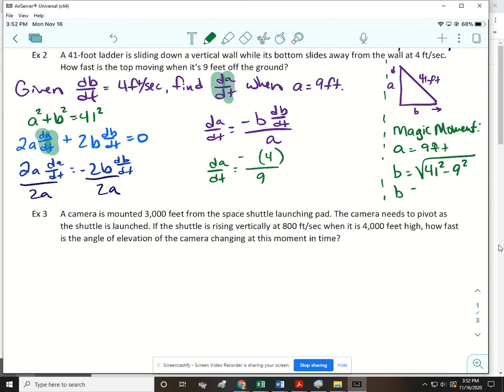It's not one that we use a whole lot, but 9, 40, 41 is a Pythagorean triple. So I'm going to put 40 in for b.